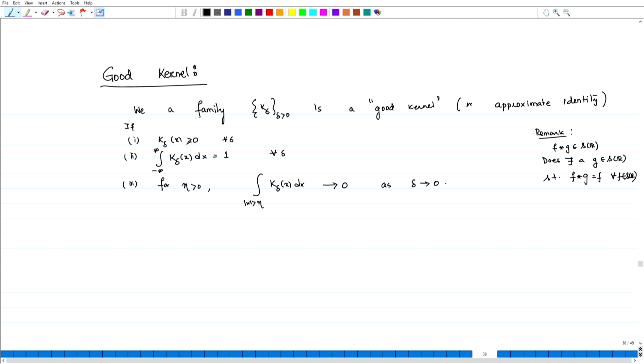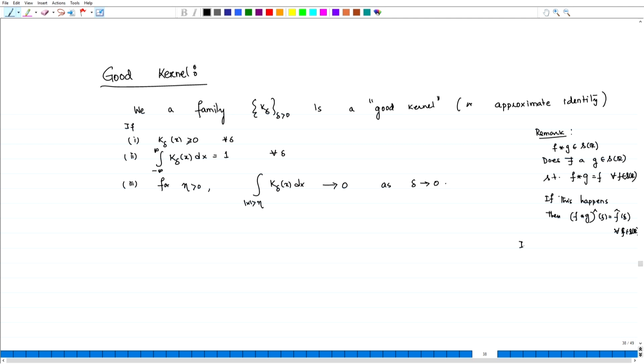But as we know, this cannot happen because of the Riemann-Lebesgue lemma. If this happens, then the Fourier transform of f convolution G at xi is equal to f hat of xi, and this is true for all f in the Schwartz space.